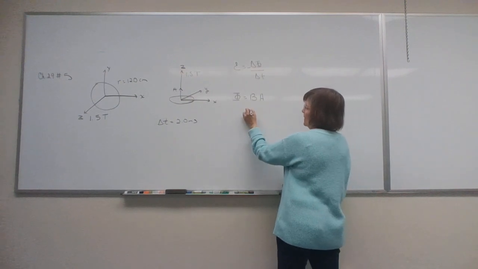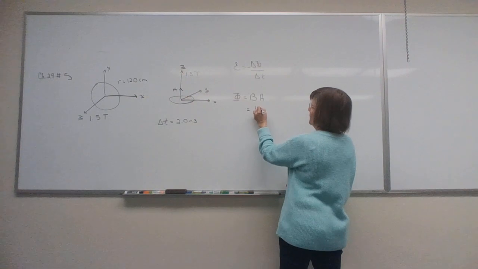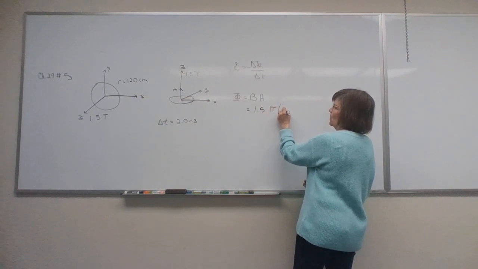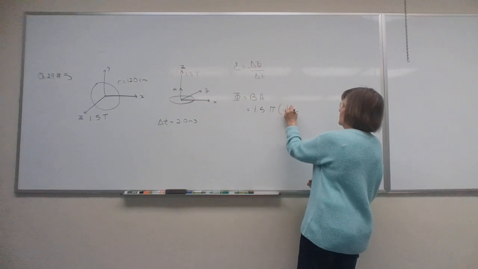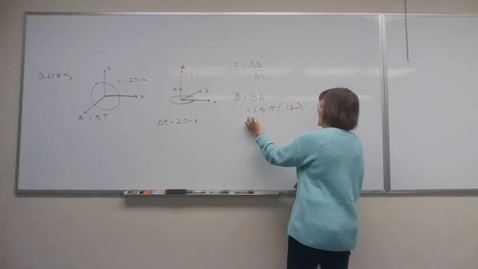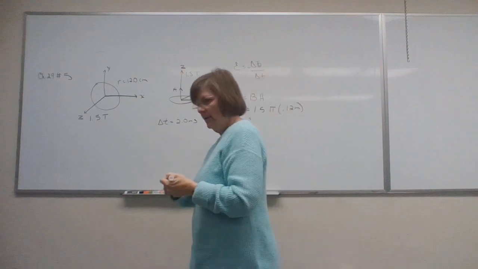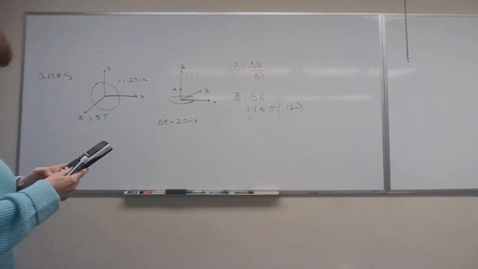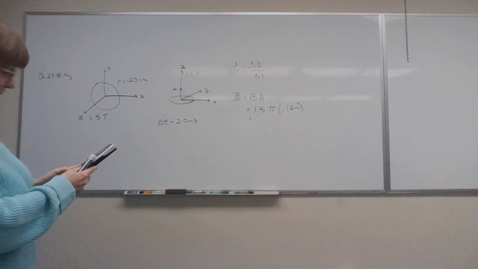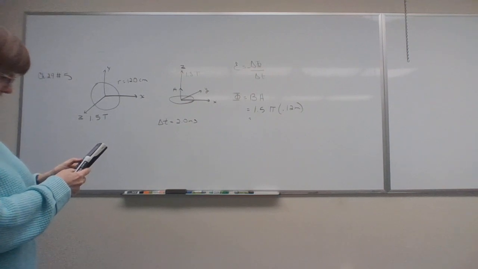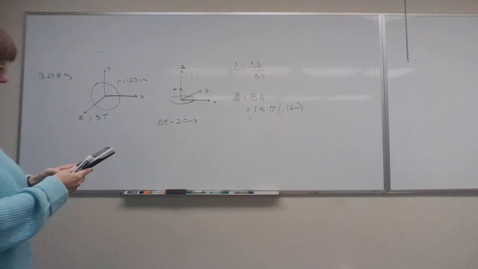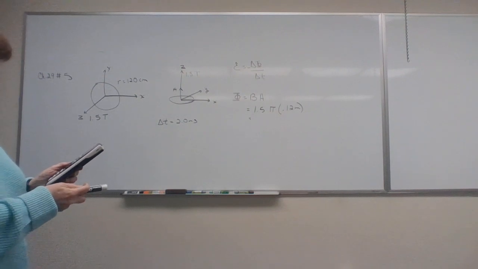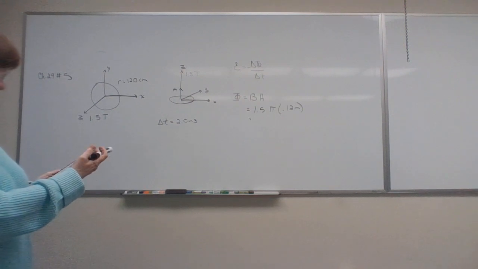So I've got 1.5 Tesla times pi r squared. And r is 0.12 meters. We've got to work in meters. So my flux, just my magnetic field times my area, 1.5 times pi r squared, is 0.0679.